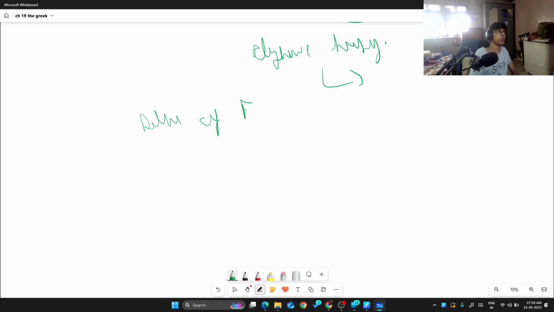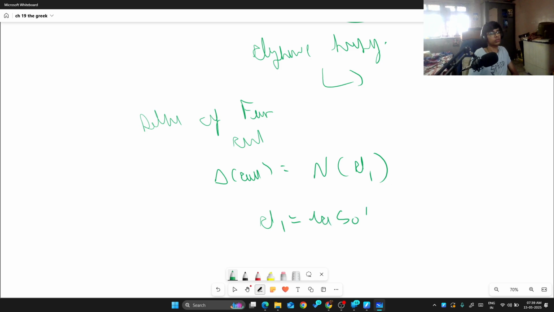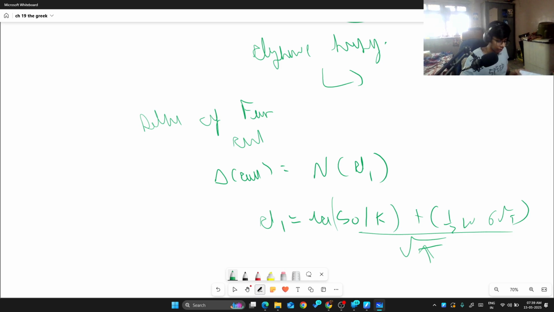And the delta of a European call can be found as CDF of D1, where D1 is log of S0 upon K plus (r plus sigma squared upon 2) times T, upon sigma root T. The Black-Scholes formula, I guess. Am I right? Let me check. Most probably I am right.